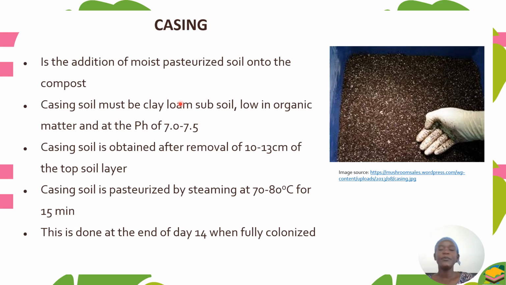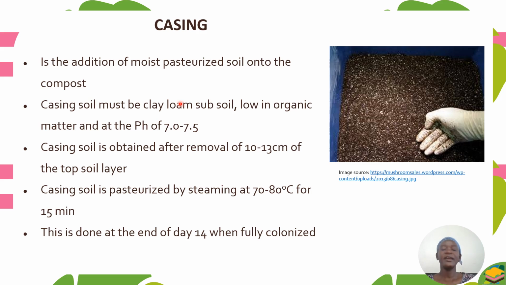Of course, we mentioned earlier that these mushrooms are grown on substrates. Substrates are special organic materials where mushrooms are grown. But it is also important that we add a little amount of soil.